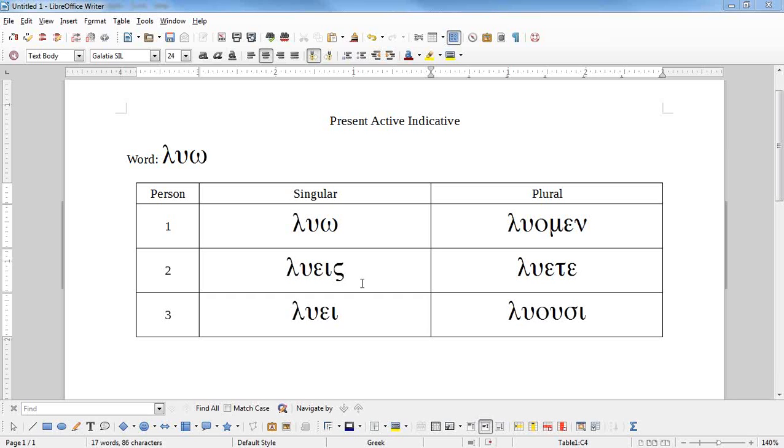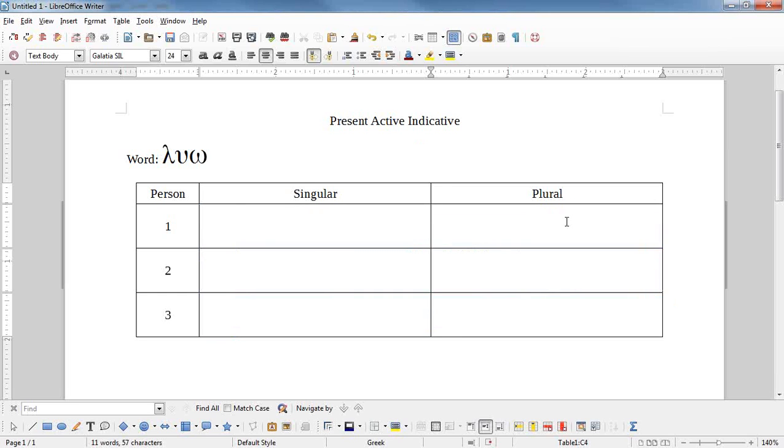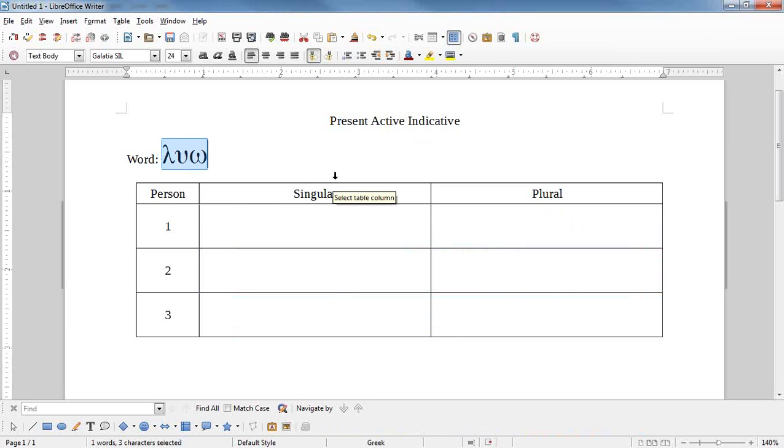Okay? So let me do another example in the present active indicative. And actually, I want us to work on it together. So I'm just going to delete all this. The next one I'm going to give you is the word blepo. Beta, lambda, epsilon, pi, omega.